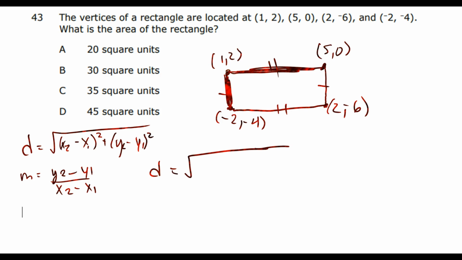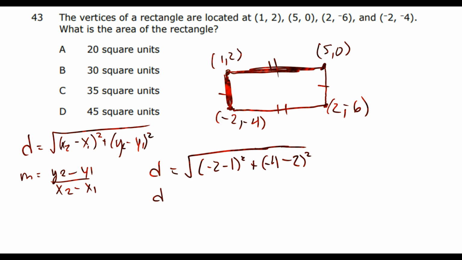It's going to be my x's minus each other. So I have negative 2 minus 1 squared plus negative 4 minus 2 squared.